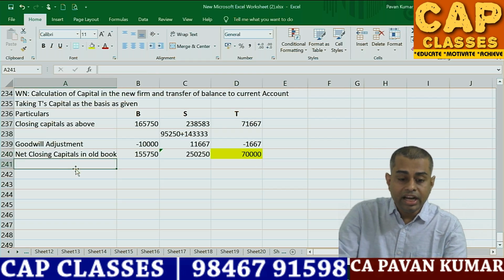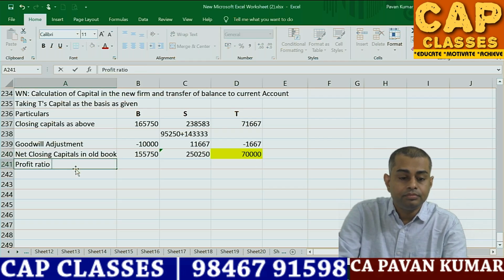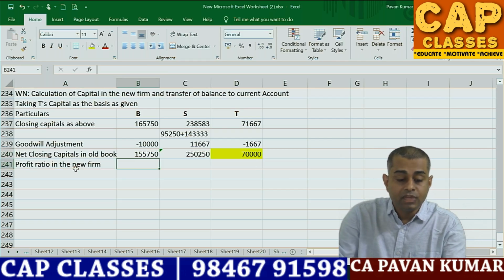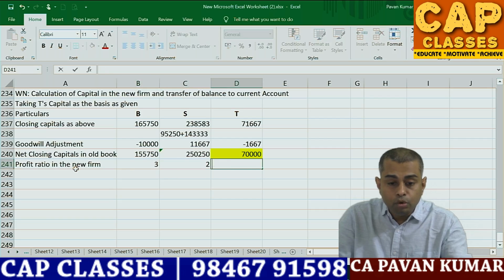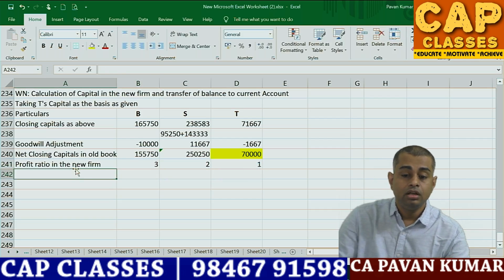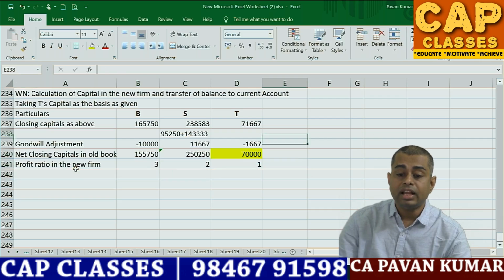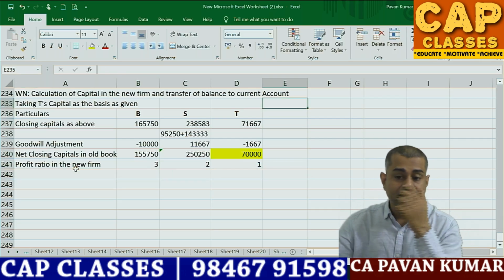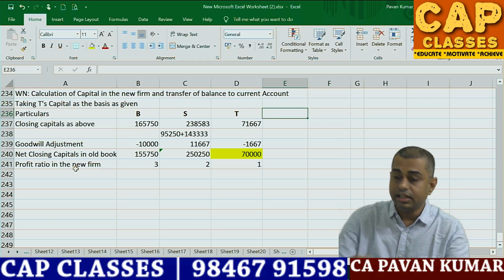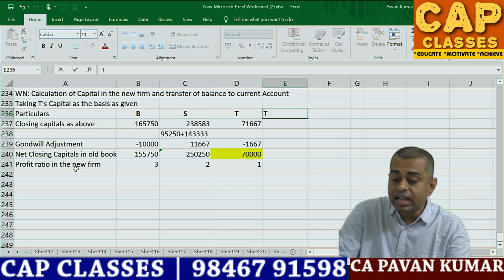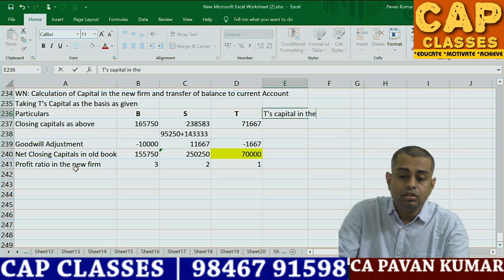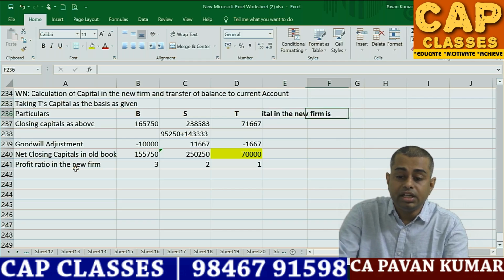So ratio in the new firm, 3 portions, 2 portions, 1 portion. Correct? So now what we are calculating is, look here carefully, T's capital in the new firm is 70,000.